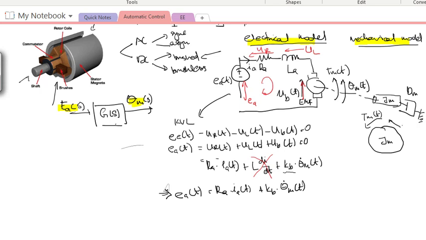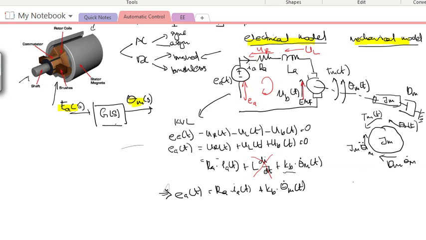It rotates with a certain angular displacement, theta m(t), and there are, of course, countering forces that come from the inertia. So it's Jm theta m double dot, and there is the friction due to the bearing of the shaft in the motor, which equals Dm theta dot m.